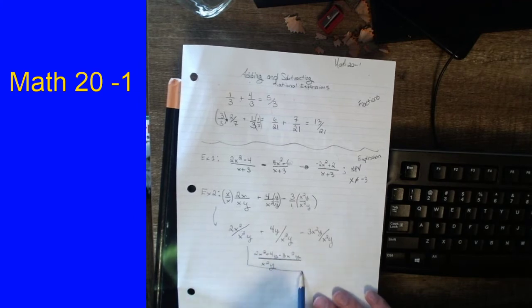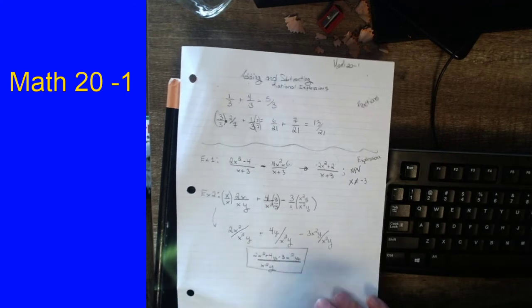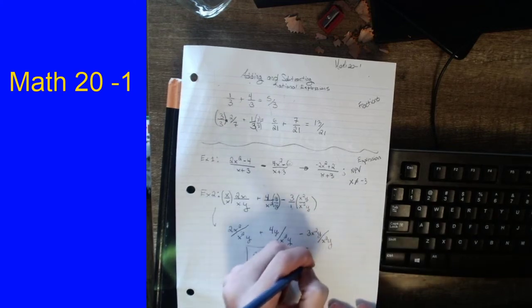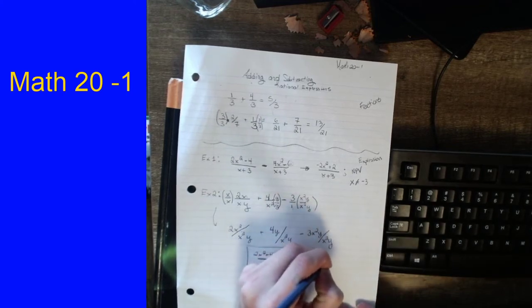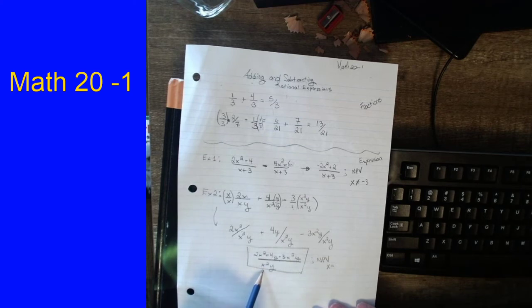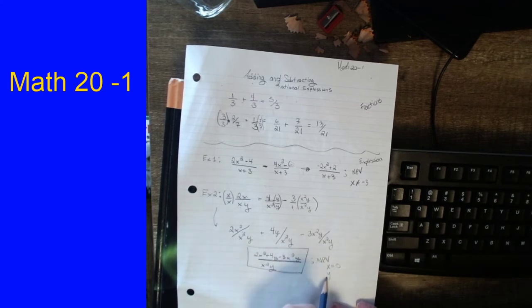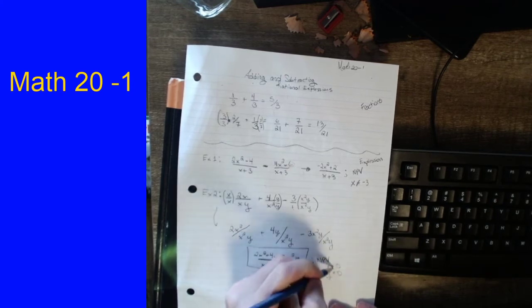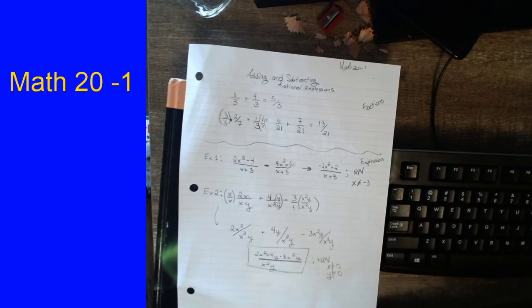And then this would be our final answer in terms of a simplified expression. Then we must remember to say what values the variables are not allowed to be. So the thing that makes the bottom 0 here is when x is 0, or when y is 0, are non-permissible values.